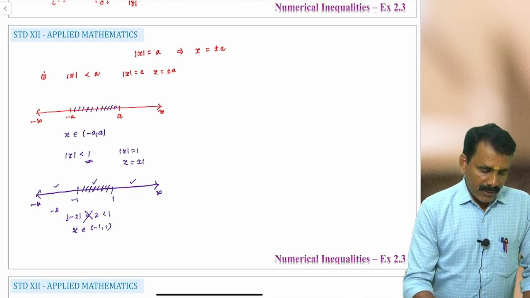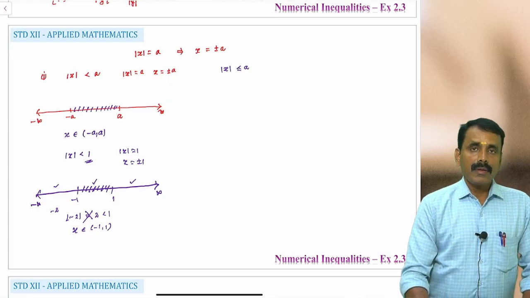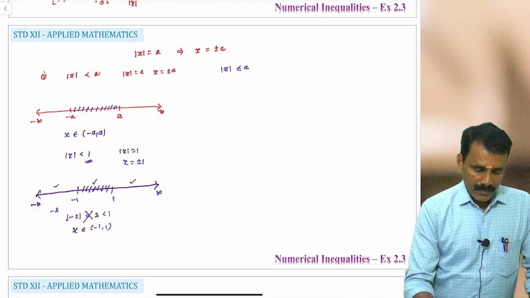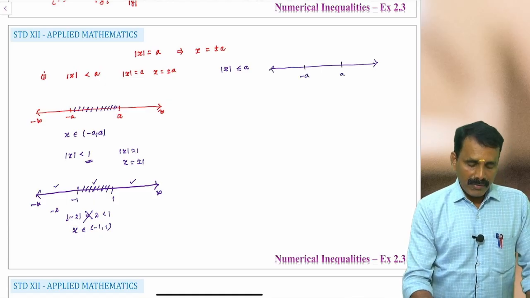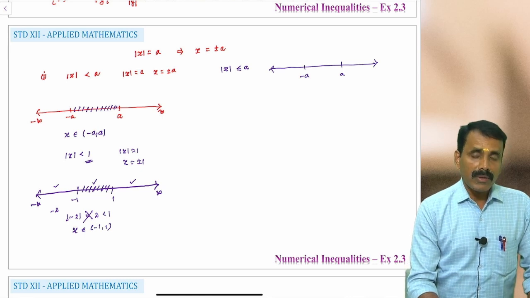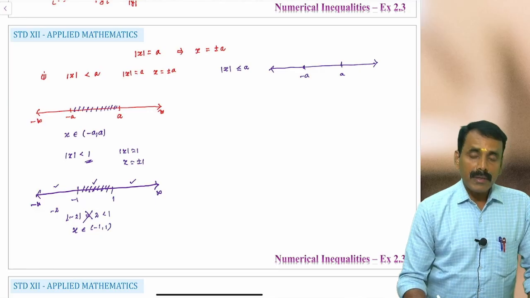What will happen when the inequality has an equal to symbol? Modulus of x less than or equal to a. Whenever modulus of x is less than or equal to a, the solution is going to lie well within minus a and plus a. Because of the equality symbol in the inequality, the endpoints also will be included.